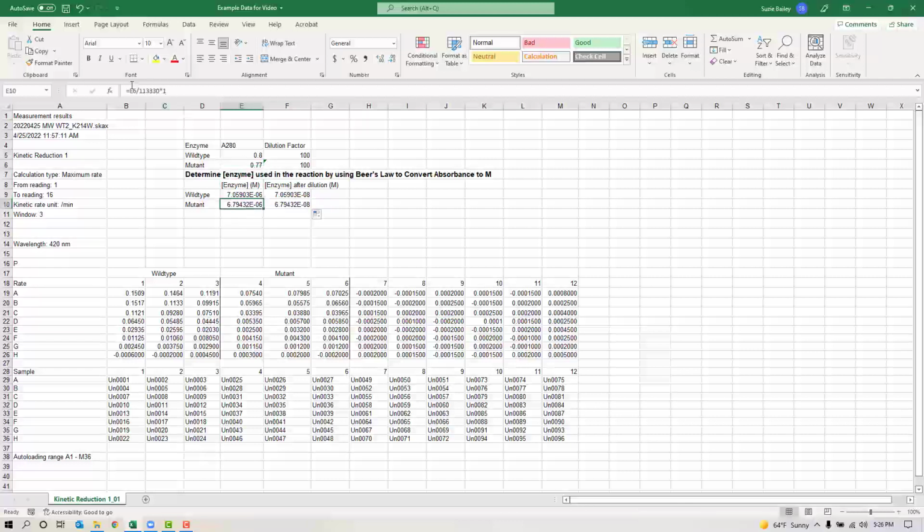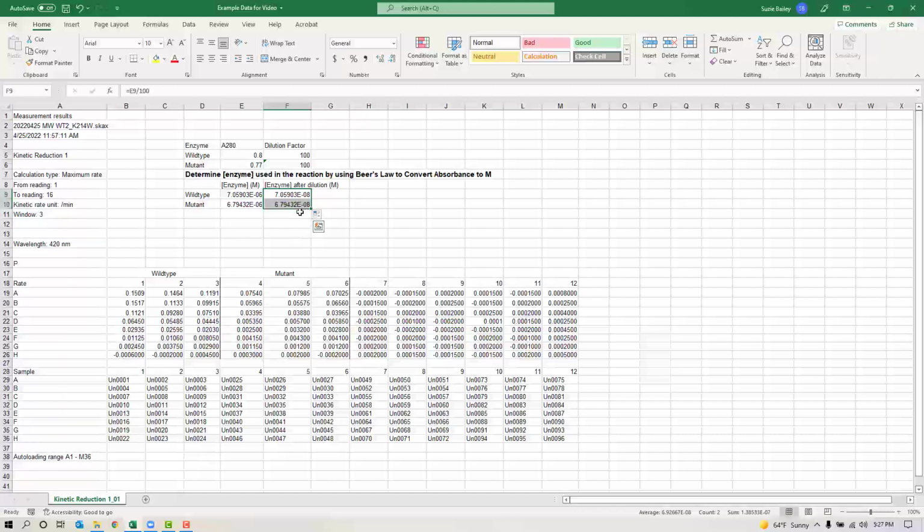So if I click on this cell and come up to my formula bar, I can verify that that's the case. So it's dividing E6, so this is column E, this is row 6, so this value is being divided by the molar absorptivity times the path length, right? So these are my final enzyme concentrations that I used in the enzyme assay.